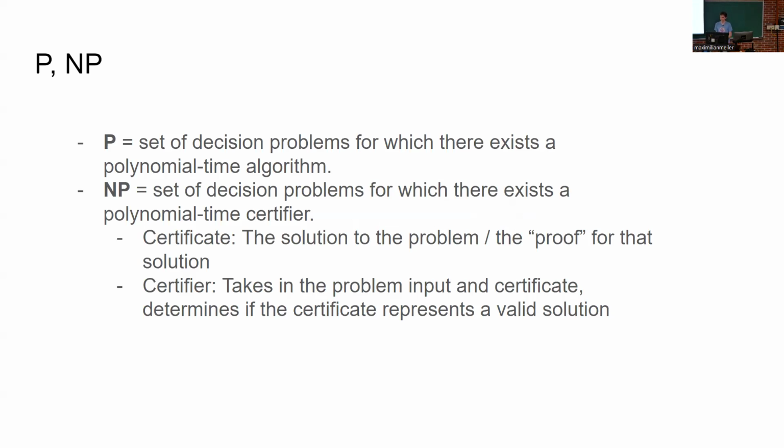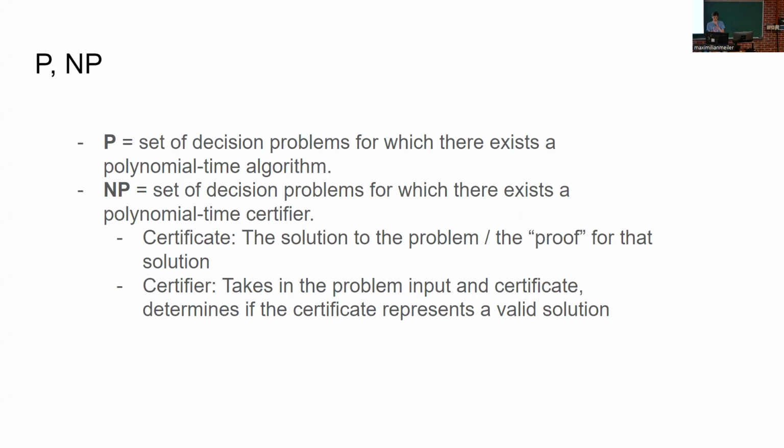P is just the set of problems where a polynomial time algorithm exists. So essentially you can solve the problem in polynomial time, right? Give me a graph, I'll give you an output in n to the whatever. NP is the set of problems for which there's a polynomial time certifier. What that means is you have an answer, and you can verify whether that answer is a correct solution to the original problem or not.